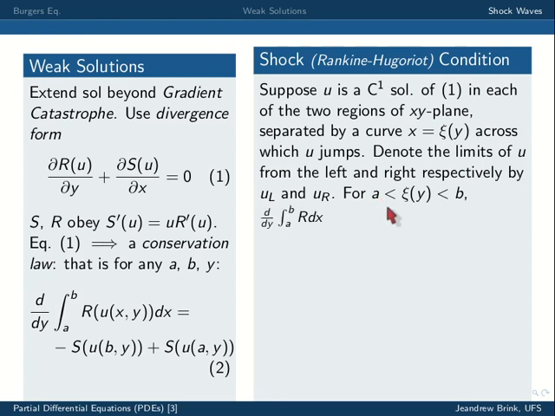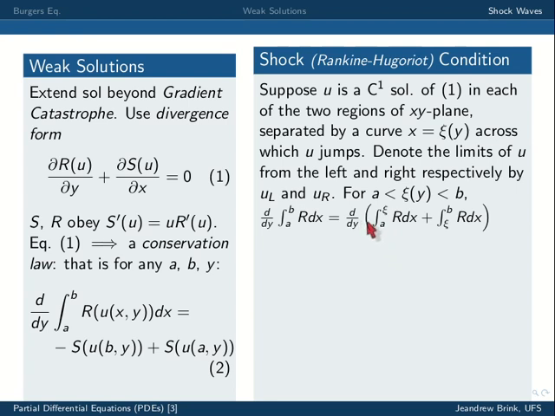Okay, so now we're once again going to use this conservation law, and we're going to say d dy of the integral from A to B of r dx is simply equal to, we're going to write it out exactly the same as we did in the previous case, just being careful because now the function is not a constant.